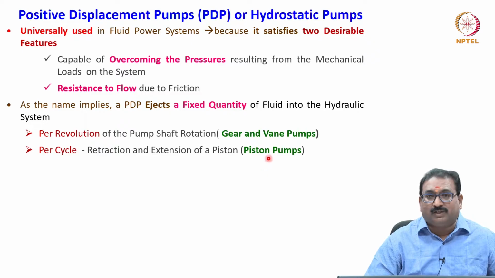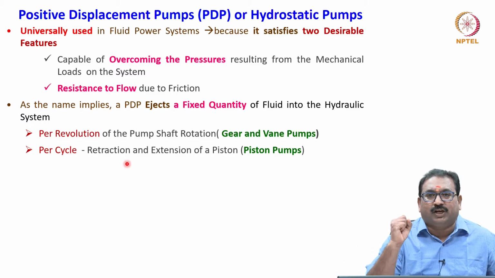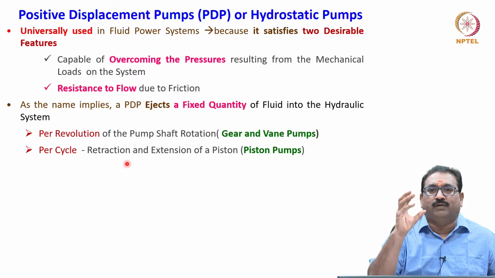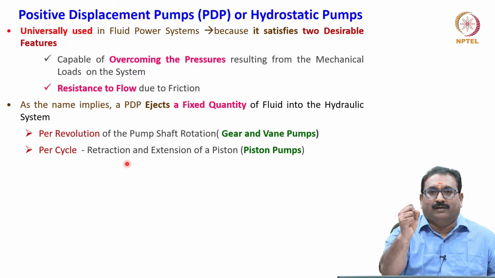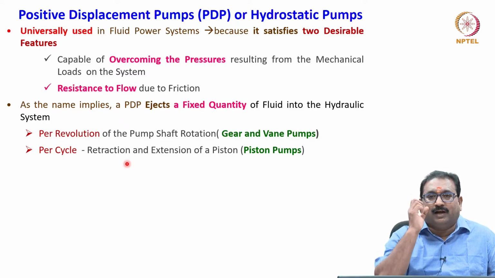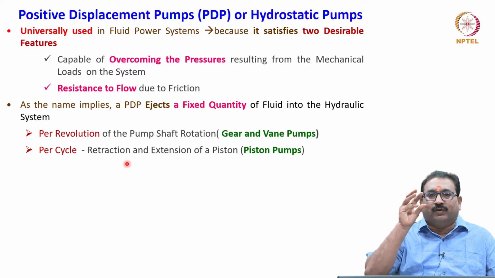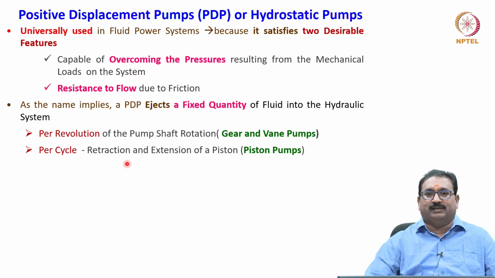If you look at the piston pumps, which you can call reciprocating pumps, then per cycle, meaning retraction and extension of the pump, will ensure the fixed quantity. When you retract, it will suck the fluid. When you extend, meaning suction and discharge, it will ensure the fixed quantity of fluid in the case of piston pumps.